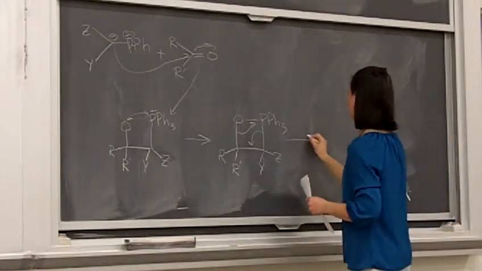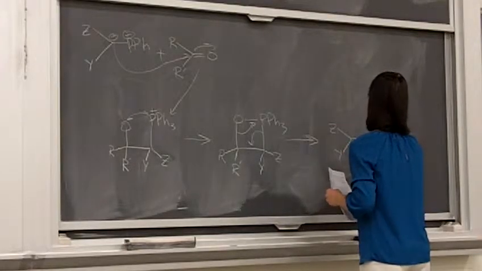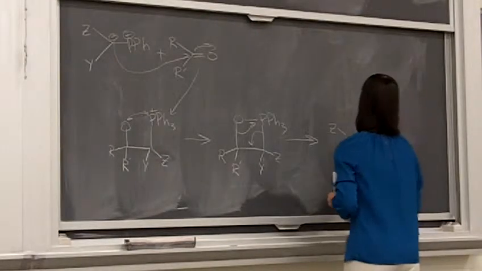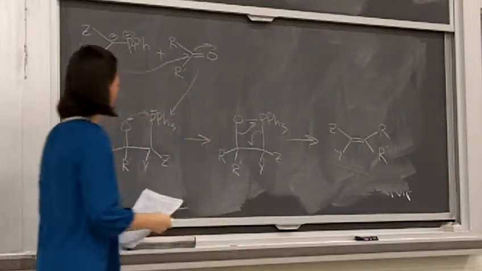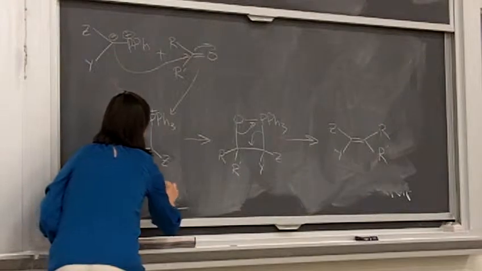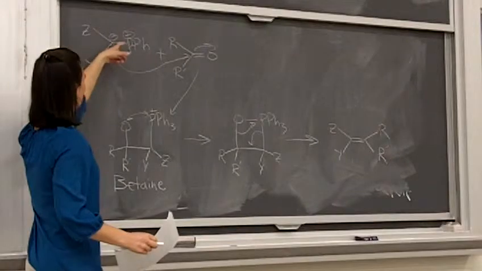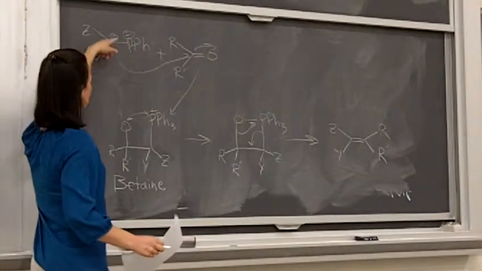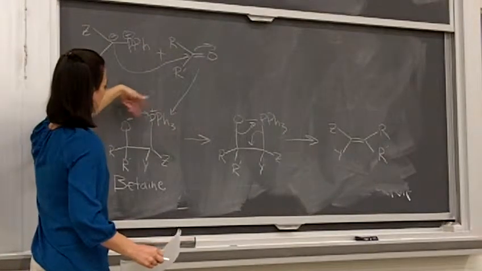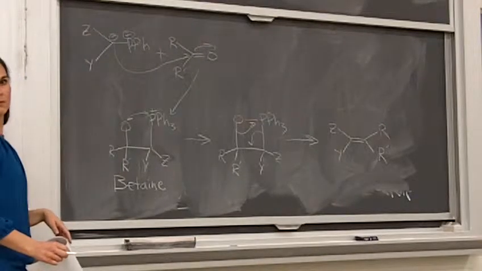And so then you get the alkene. Okay? But this betaine is characteristic of the Wittig reaction. And similarly related, adjacent charges, and here we've got a dipole here, or two charges, but not on adjacent spaces right there. Okay? Everyone good with that?